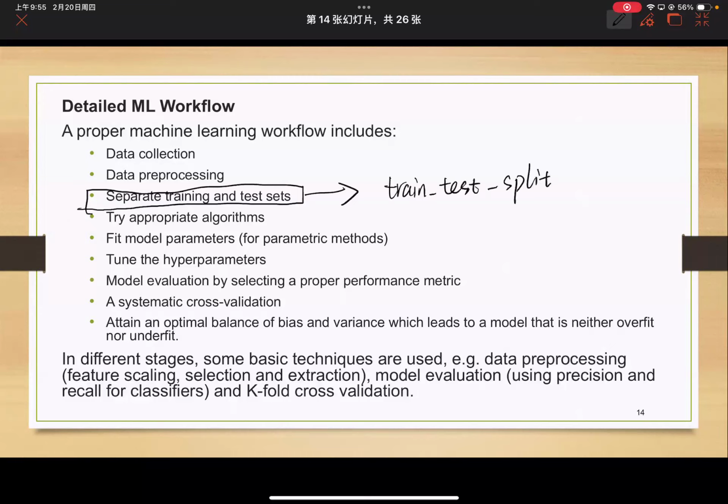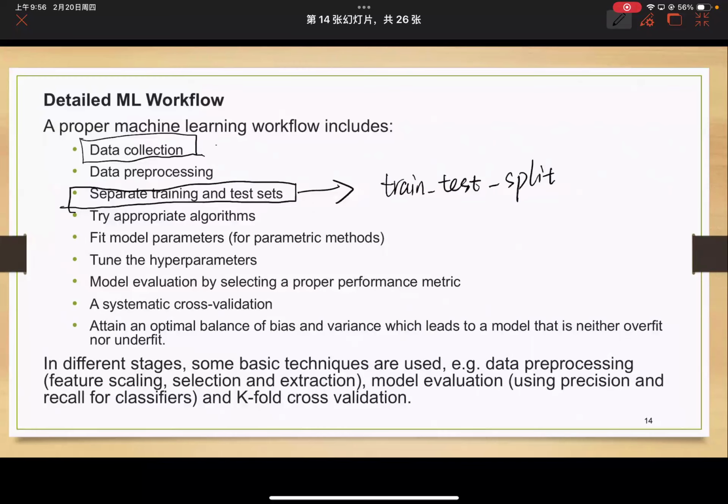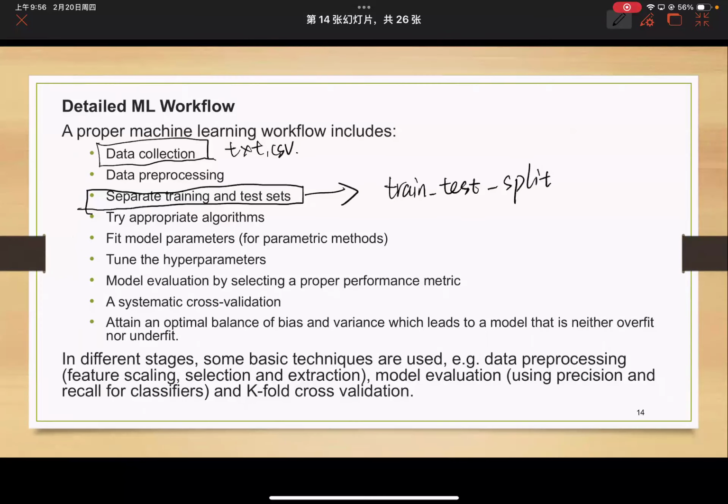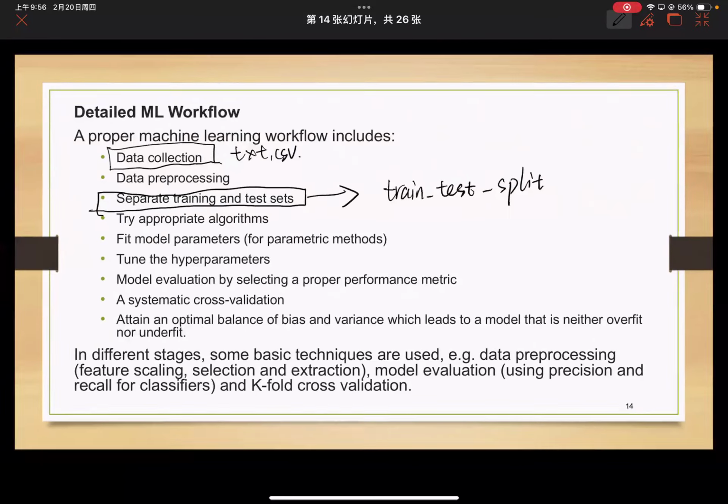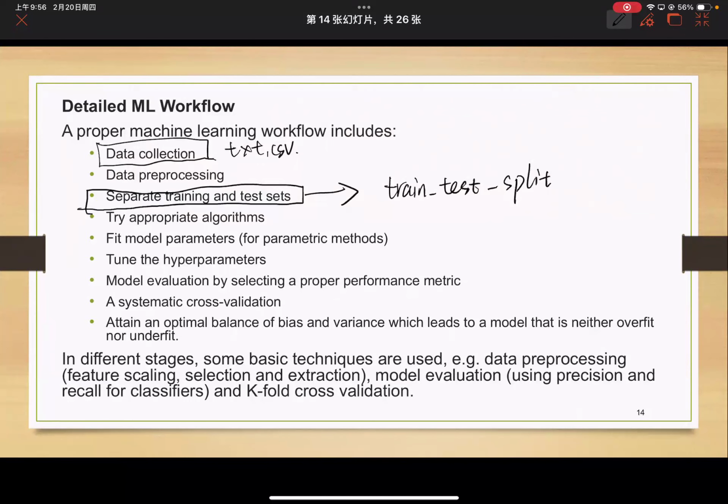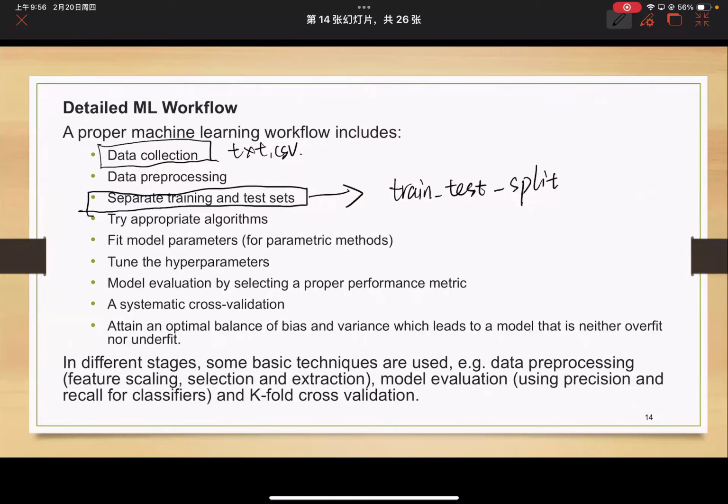So firstly, we do data collection, and usually in the lab, I give you the TXT file or CSV file. So it means you don't need to do data collection and data pre-processing. Until now, the data are quite easy. So we didn't do a lot of data processing, but with the normalization, something like this, it's a kind of data processing, right?